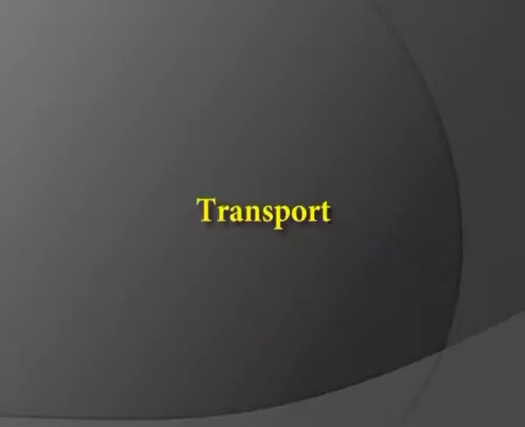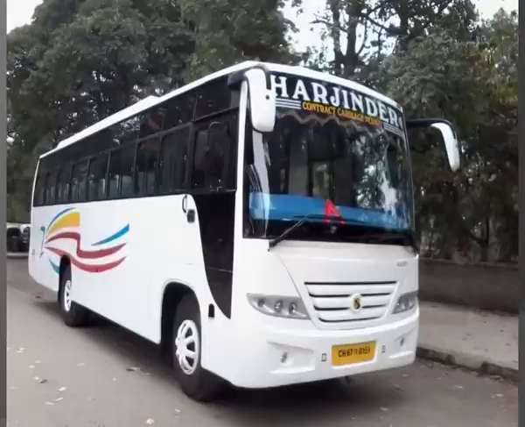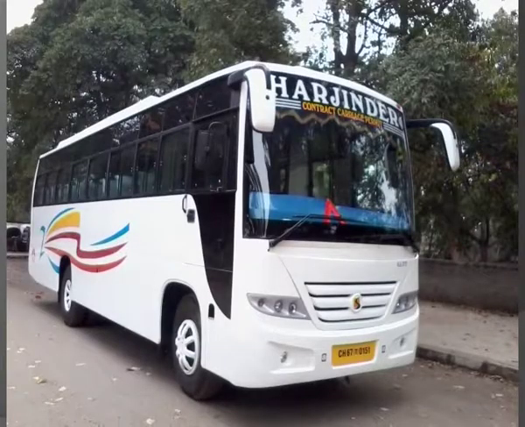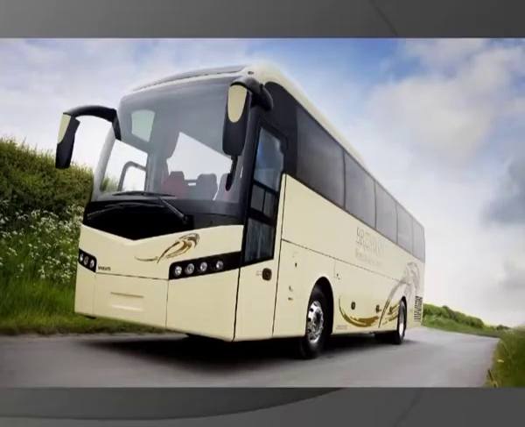Transport. Transport is another major part of the tourism product as a whole and also a major part of the expenditure of tourists is spent on it. It not only brings the tourist from their place of residence but also enables them to move around a destination.